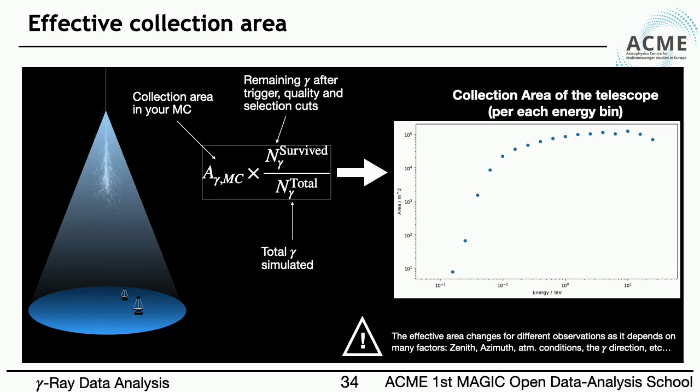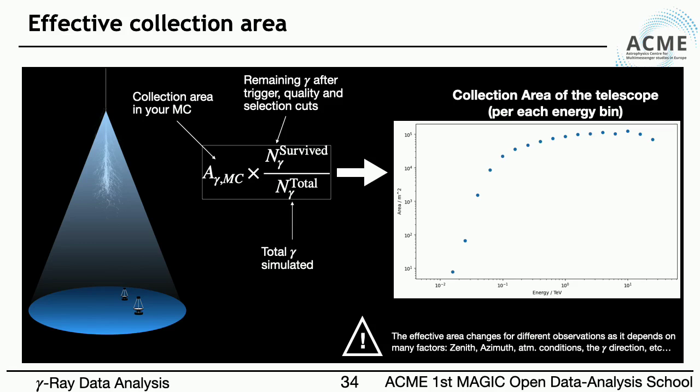This is because showers produce only few Cherenkov photons, and therefore many events don't trigger your telescope. Even triggered events often fail quality cuts, so we have a very low efficiency in this low energy range. And so the collection area in this range starts near zero.